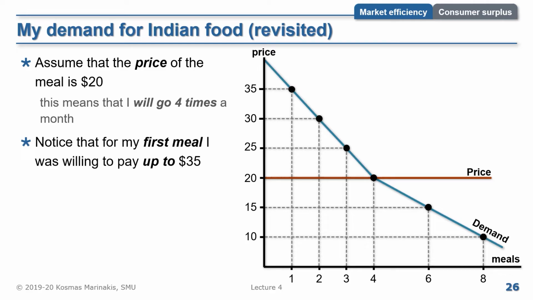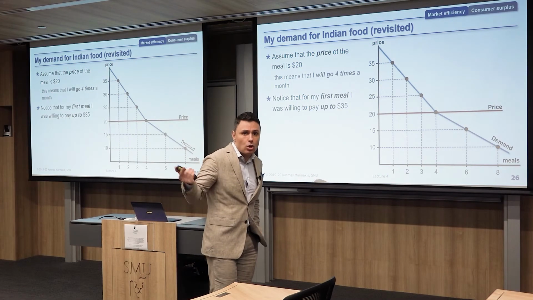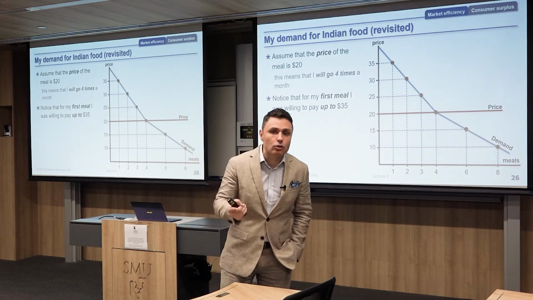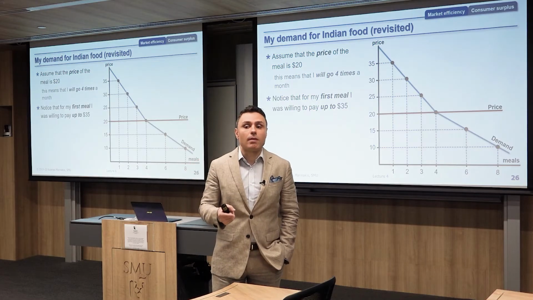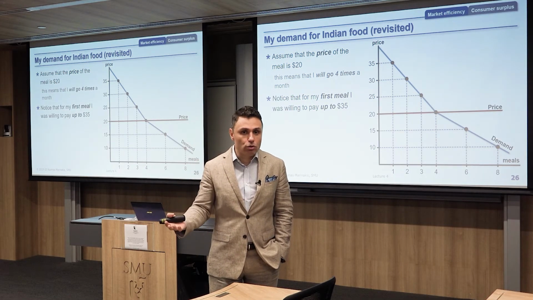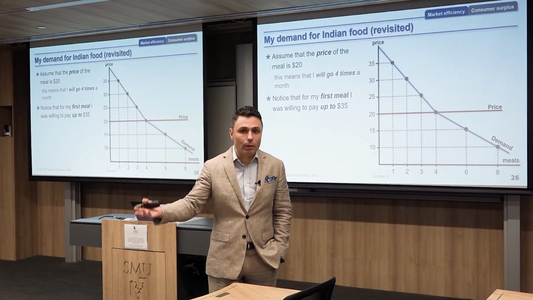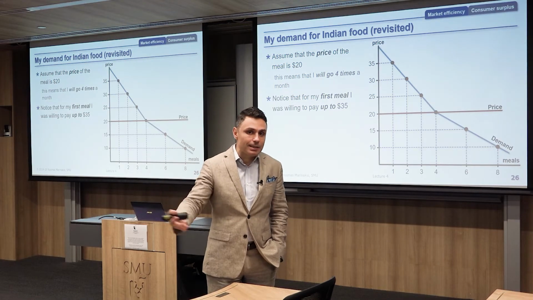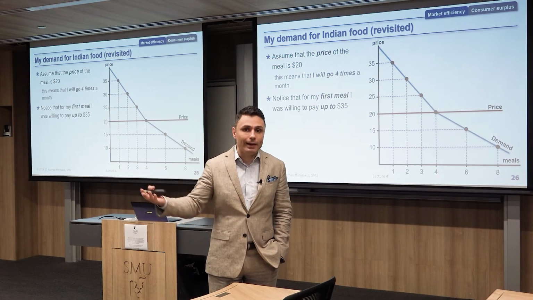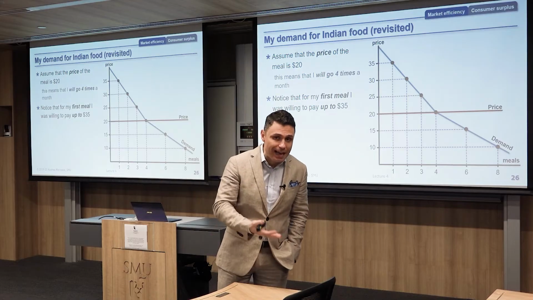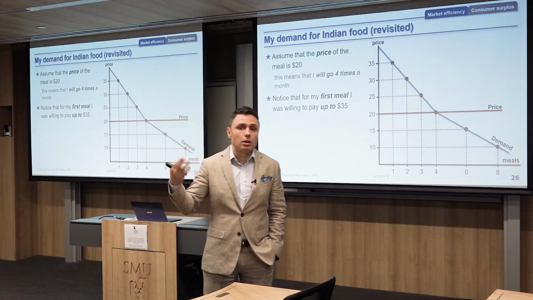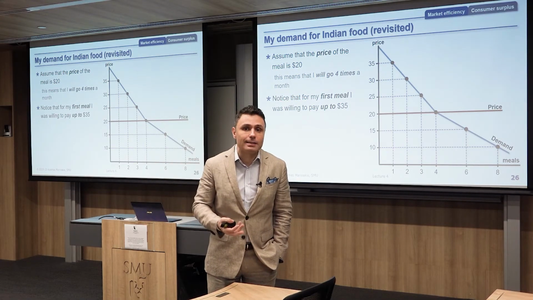I do pay the actual price that is given from the restaurant to everybody. So it's not like, oh, how much are you willing to pay for your first meal? $35. Okay, that's the price. You don't ask everybody how much they're willing to pay. You just have a price, and then if people are willing to pay that or anything above that, they will buy. If not, they will be like, I'll go to eat somewhere else.